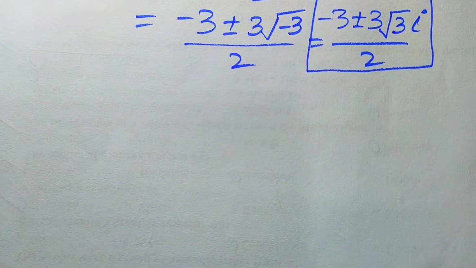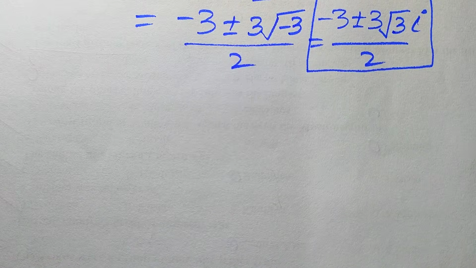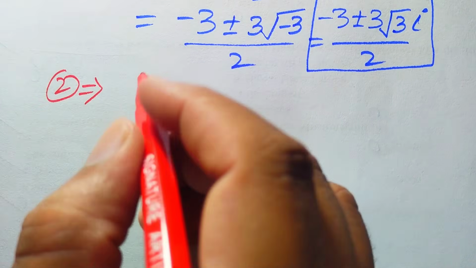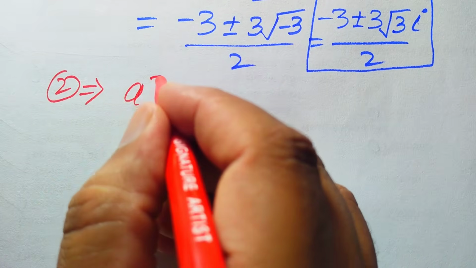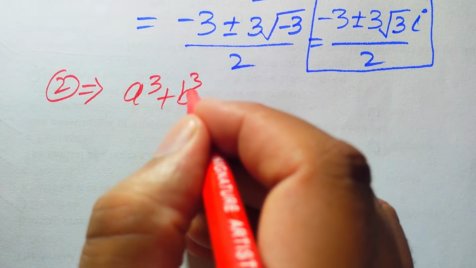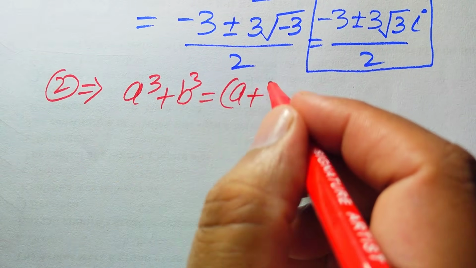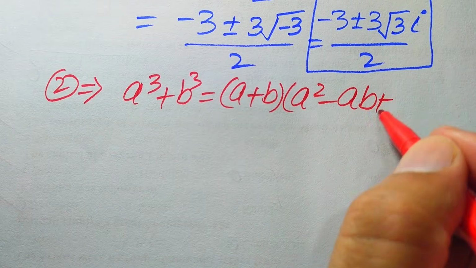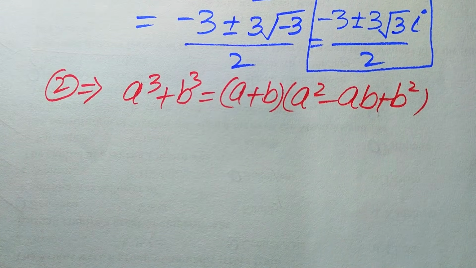So in the same pattern, we just solve equation number 2, so in equation number 2 we apply this nice formula: a cubed plus b cubed equals a plus b times a square minus ab plus b square.